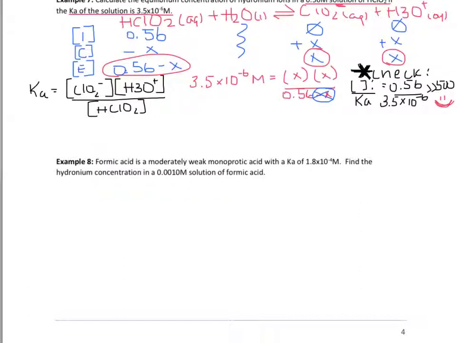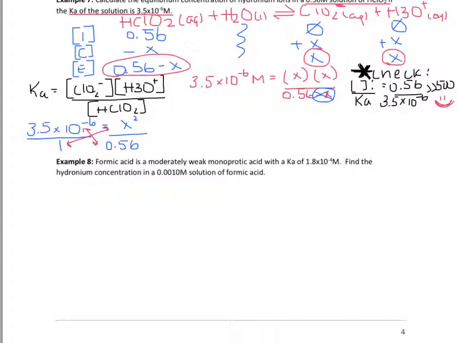Therefore, we can now rewrite this as 3.5 times 10 to the negative 6 equals x squared all over 0.56. This now makes it much easier, as you will notice that we can cross multiply so we can eventually isolate the variable.